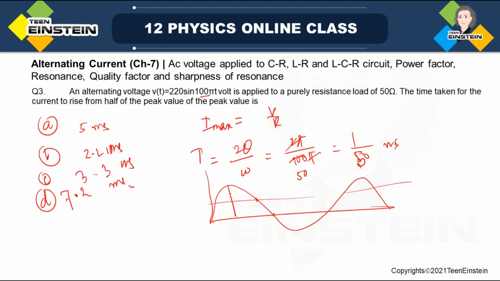So the current reaches the maximum value at T by 4.